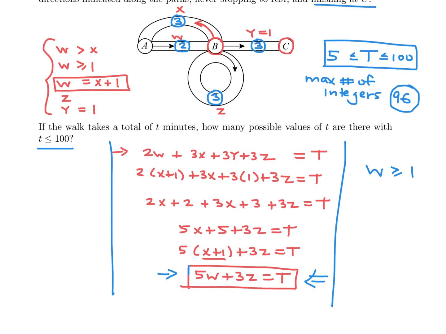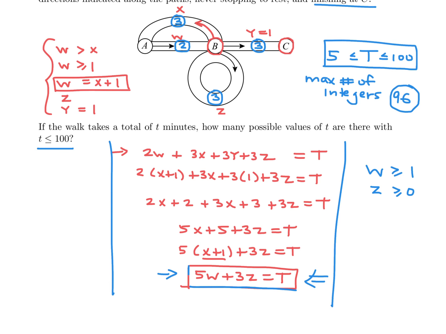Now z can be 0, so z doesn't necessarily have to be anything. Z is greater than or equal to 0. But w and z are integers, so if I plug them into this equation, you're going to get a lot of integer values. So my question is not so much what integers can I get, my question is what integers can I not get with this equation.